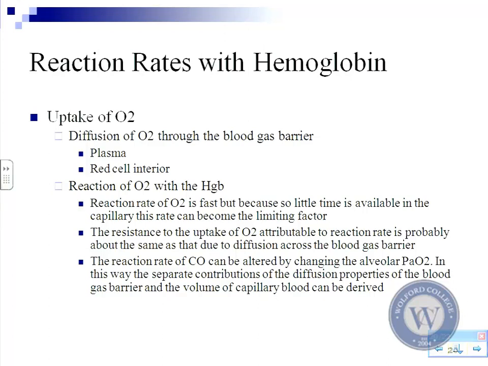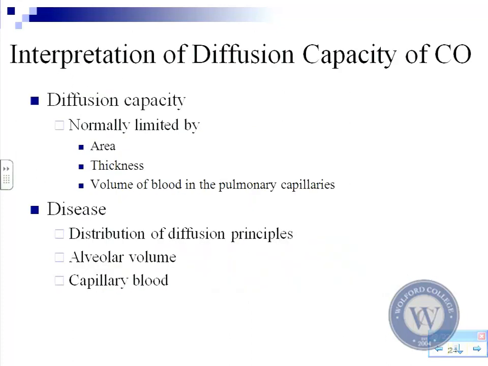That's a more complicated equation, which is just kind of nice sometimes when you have an issue of which one is causing problems of diffusion capacity, or is there something wrong with the red cell membrane wall, which is sometimes important.